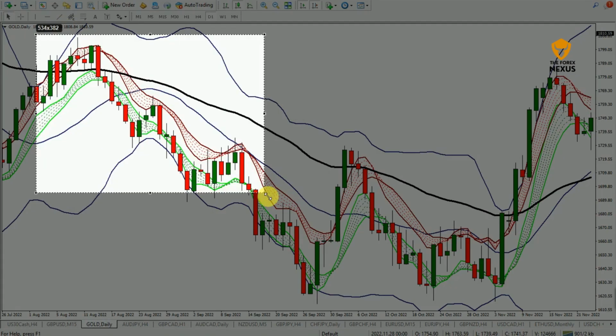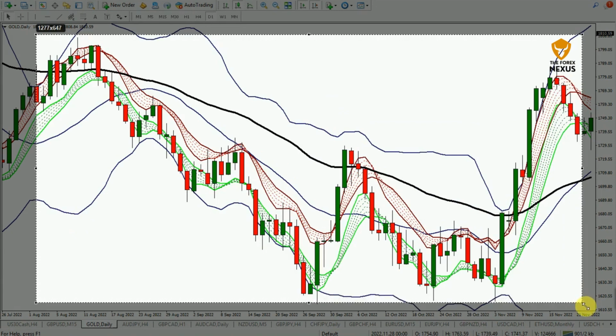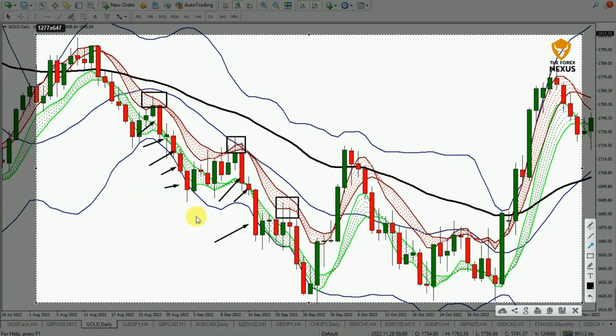So in this chart we can see powerful re-entries having much more impact than others. Why did the market drop perfectly? One candle, two candle and three candle concept. First, second, third, fourth, fifth, this dropped perfectly.